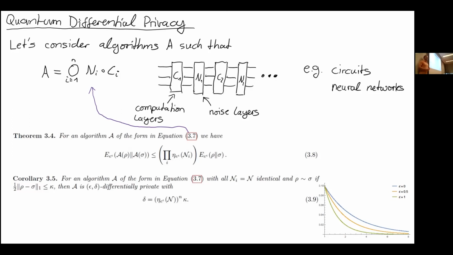I guess you can also think about how you certify noise in an algorithm, but that's a different question. If you have access to your algorithm, you could use certain tomography protocols to figure out how much noise is in your algorithm, and then you can say, okay, this type of noise will guarantee me that much differential privacy. But the way I discuss it is usually to assume that we know the circuit and we know the noise, so we can calculate all these things.